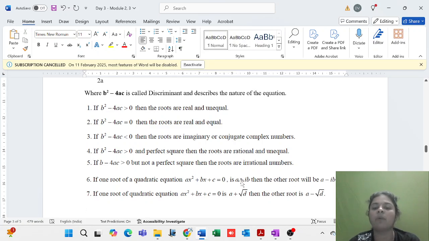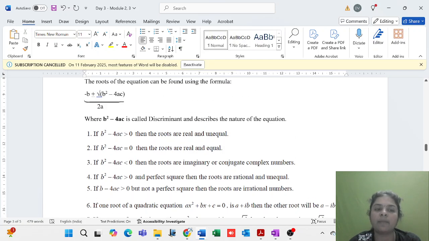So basically one will have a plus sign, one will have a minus sign. That is the rule. In the formula, if you see, plus or minus is there. So one root will have plus in nature and another root will have minus in nature. But the first 5 points are very, very important for you to remember. Please make a note of the formula and the points.